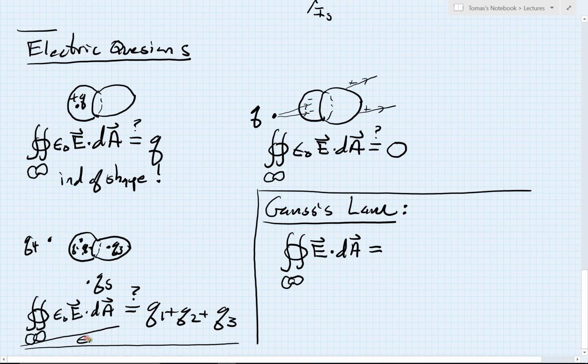I could divide by epsilon naught on both sides so that the epsilon naughts cancel out and you just have the integral of E·dA, and what it equals then is the sum of the charges which are enclosed in the surface. That's usually denoted as capital Q to indicate a total sum. It's given as subscript ENCL, meaning the enclosed charges, the charges that only exist in the closed surface, and then because we've divided by epsilon naught, there is a divide by epsilon naught. And that is a very general rule of physics, which we shall be investigating the consequences of coming up in just a moment.